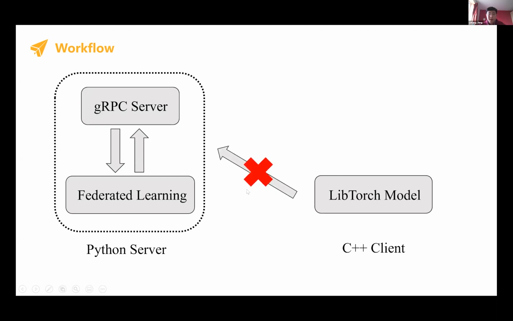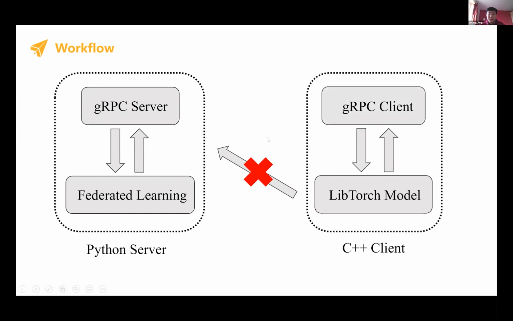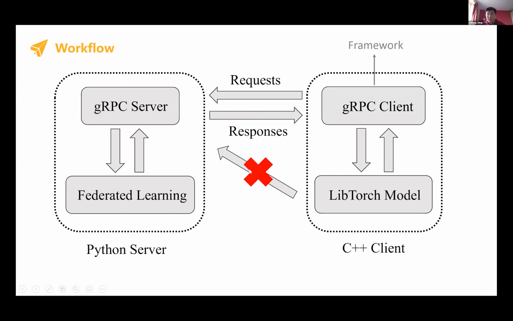However, they cannot interact directly because the data types are different. So here we need a gRPC client to interact with the server. The client will wrap the local model, send it to the server, and get the responses. This part is what we want to develop: the framework.